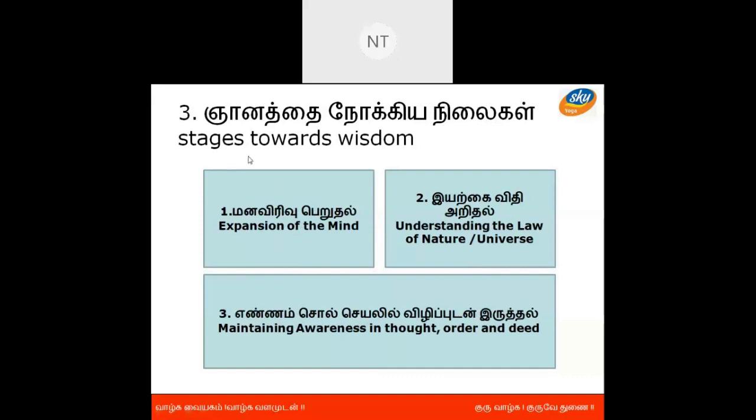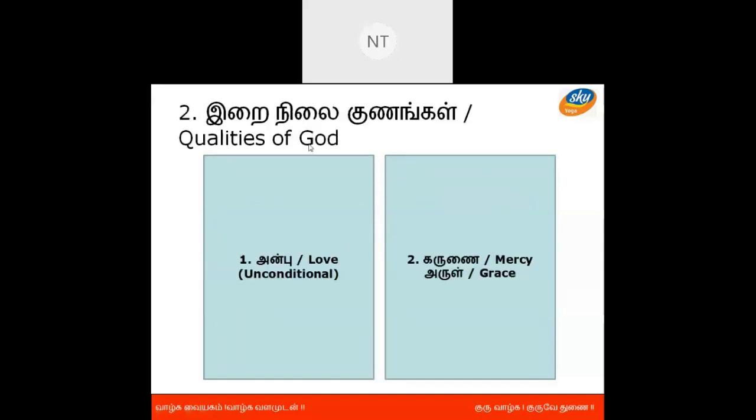And these are the 3 stages which go to the wisdom: expansion of mind, understanding the law of nature, and maintaining the awareness in thought and order. If I go towards this, what I will get next is the quality of God, which is love and peace or the grace.